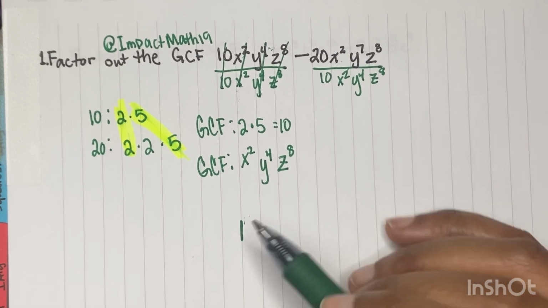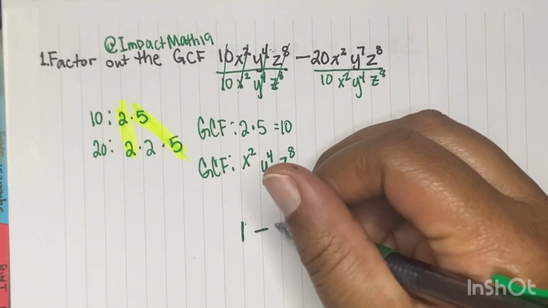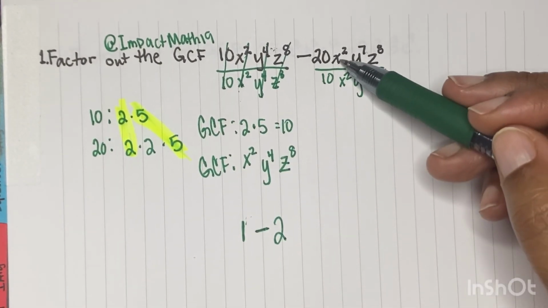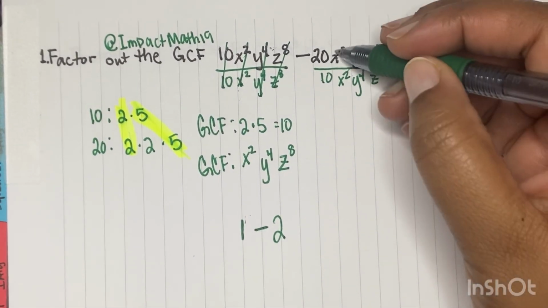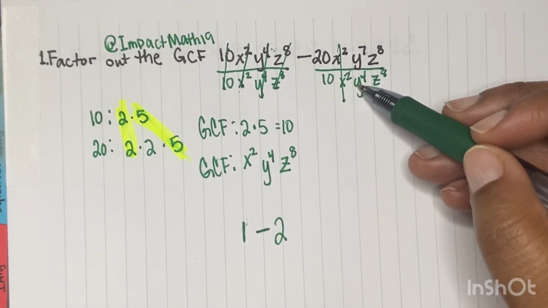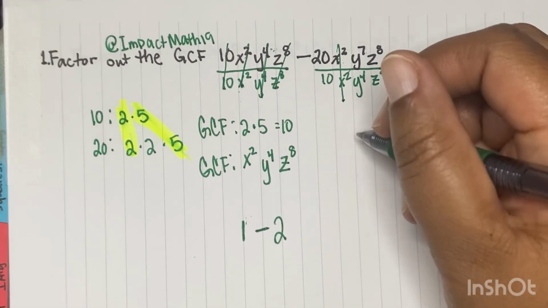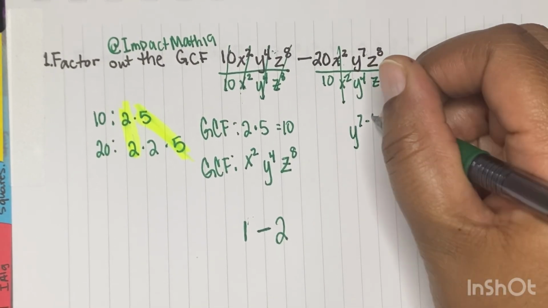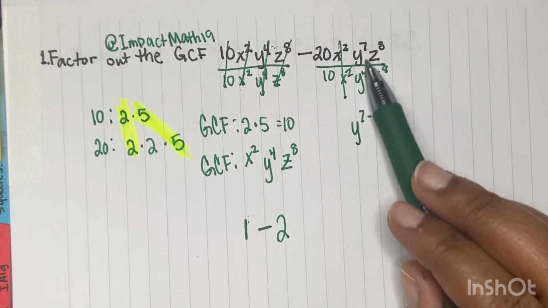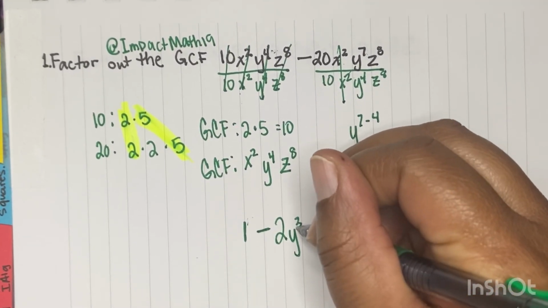So we're left with 1 minus. Now, 20 divided by 10 is 2. Our x squared divided by x squared cancels. Now we have y to the 7th over y to the 4th. You subtract these exponents, so we're getting y to the 7th minus 4. That's the exponent rule. And then we're going to get y to the 3rd.